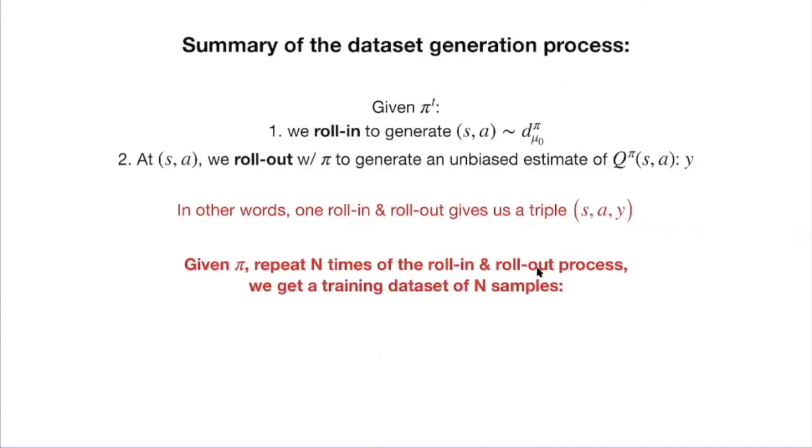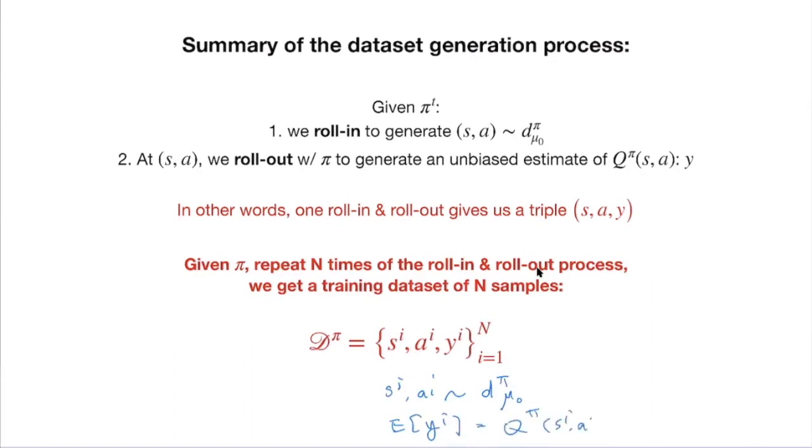Now we can repeat this process n times. So let's do n roll-in and roll-out processes. Now we get a training data set that consists of n examples. Here Si, Ai is from d pi mu 0, and the expectation of yi equals Q pi Si Ai.